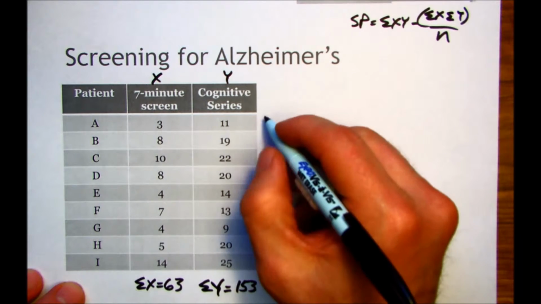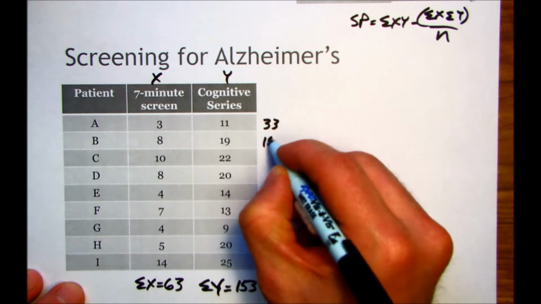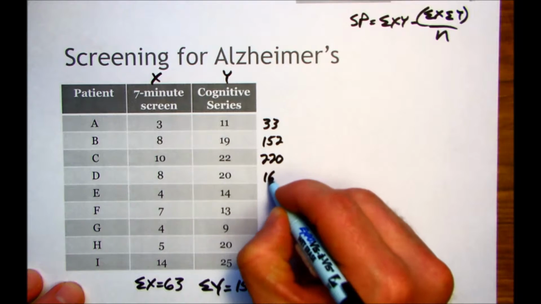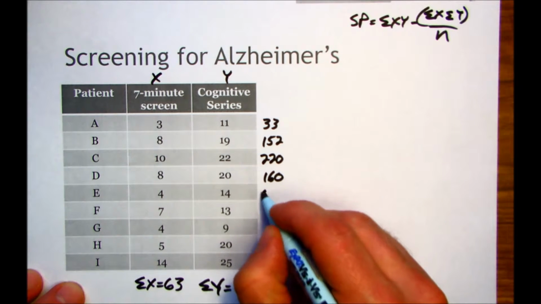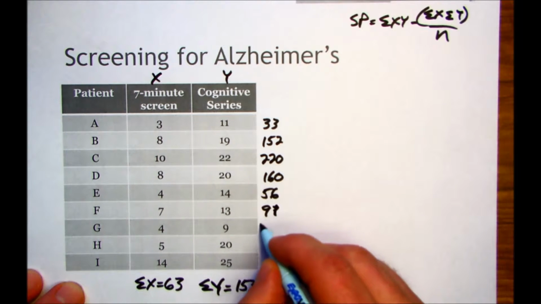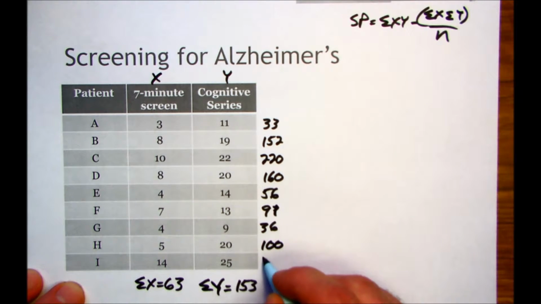So 3 times 11 is 33, 8 times 19 is 152, 220, and so forth. 160, 56, 91, 36, 100, and 350.